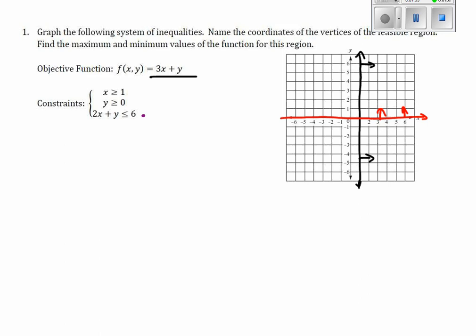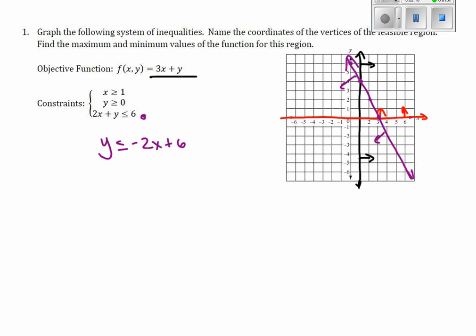This last one, which will be this color, if I just do a little algebra, y is negative 2x plus 6. So I'm at positive 6. I go down 2 over 1. There's my line, solid line, and that's going to be shaded down this way.